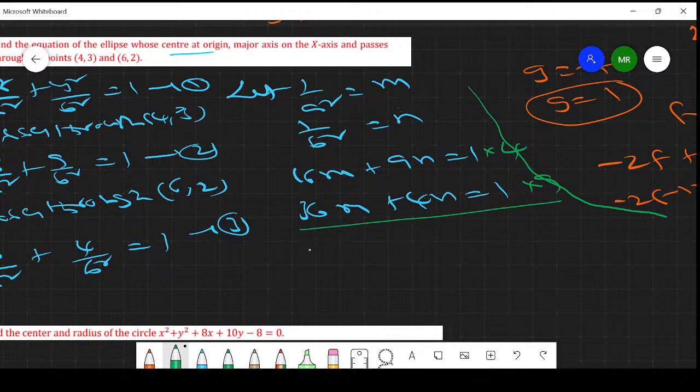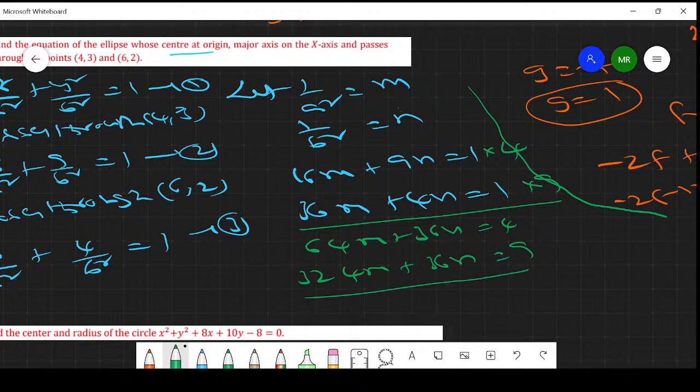Multiply with 4, this will come 64m plus 36n is equal to 4. Multiply with 9 here, this one will be 324m plus 36n is equal to 9. I am doing simultaneous equations.